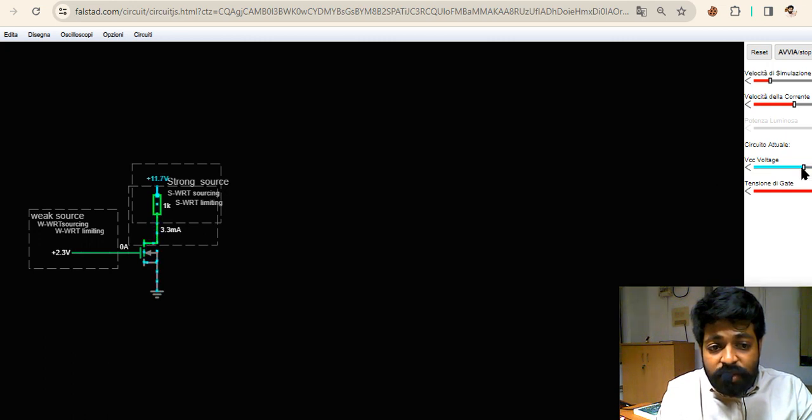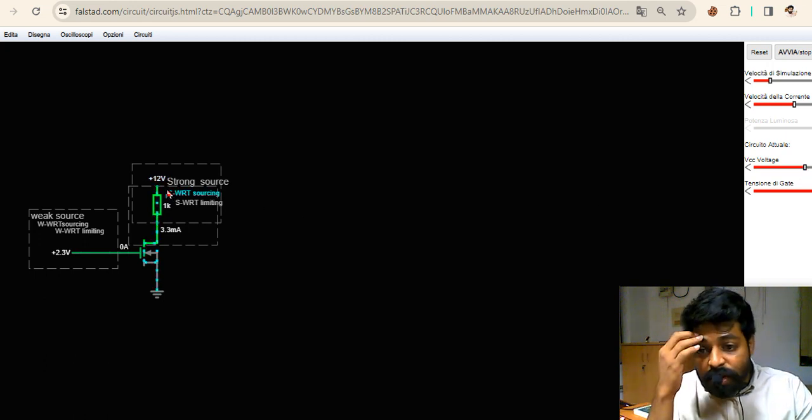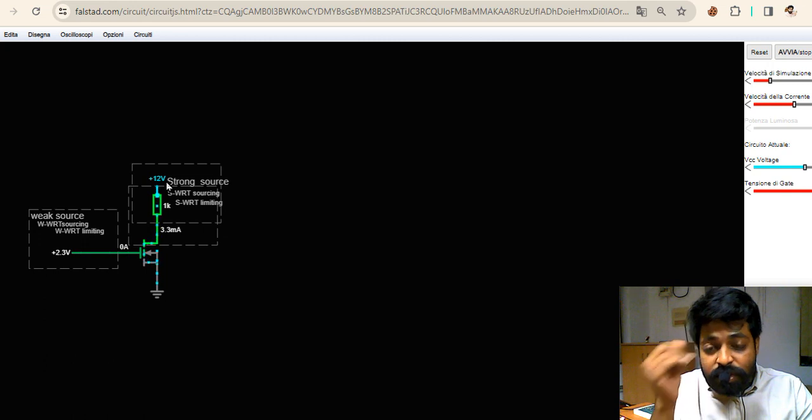So what is happening is, even though that VDD value is changed, I'm trying to change the supply voltage from 10 volts to 14 volts. The potential difference is changed.